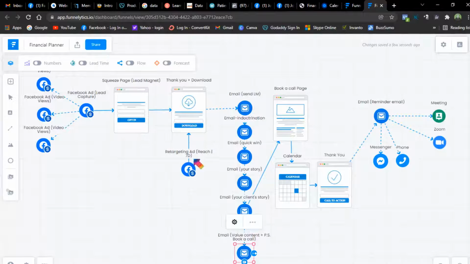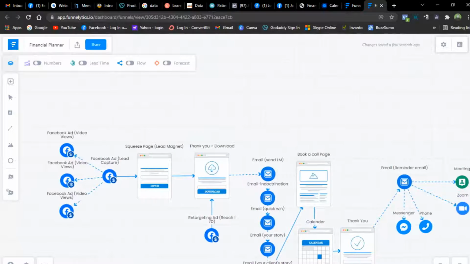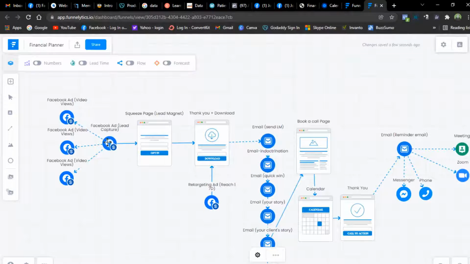Okay, now here's the advanced part. First of all, we can just run this one ad to promote your lead magnet, but there's also another way to lower your total cost per lead. While this will be like $1 to $3, I feel that you can still lower your cost per lead by running awareness ads.